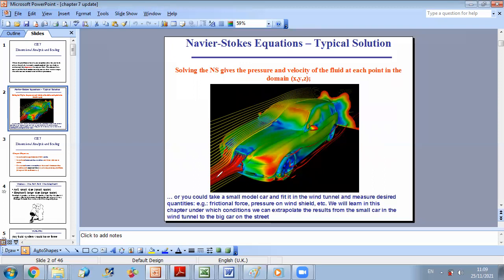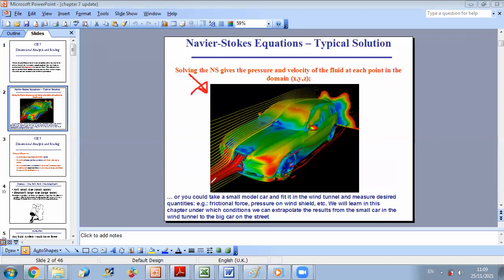For example, if you want to solve for the flow behavior over this car, you can do experiments, and you can do computational fluid dynamics analysis, and at the end you can draw profiles of forces, of pressure on your car, of how the velocity field is doing separation around the car, etc. Okay, so to treat this problem, we have two approaches in general.